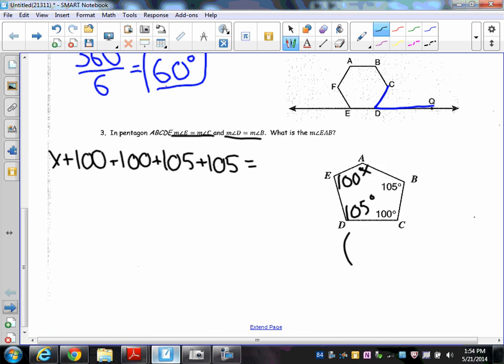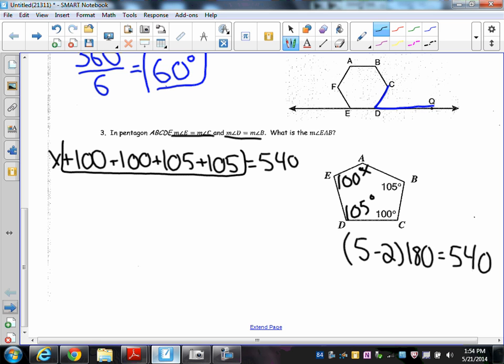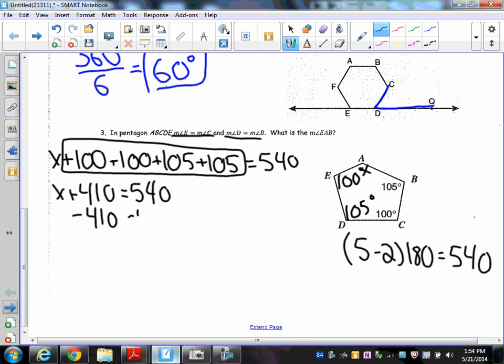So I'm going to take 5 minus 2 times 180, and that means the sum of my interior angles is going to be 540 degrees. When I combine like terms, whenever I add all these together, I get x plus 410 is 540, and I just subtract 410 from each side to get x is 130.